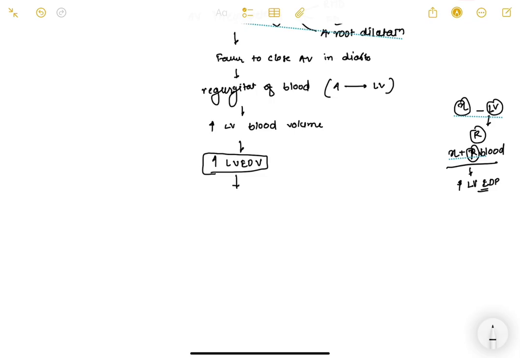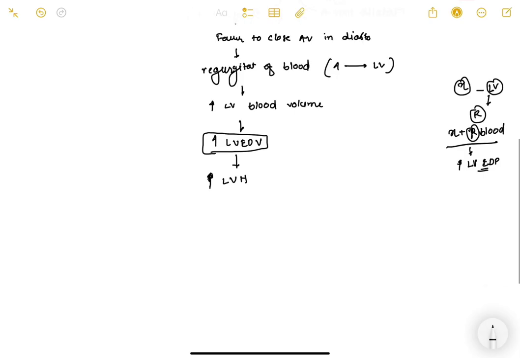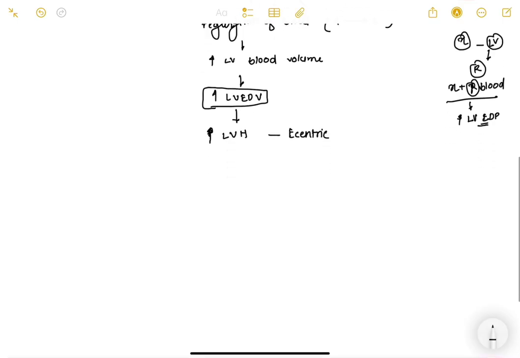So to pump this blood, there is left ventricular hypertrophy. Since there is more blood than expected, the left ventricle has to put in more effort to pump that blood into the aorta. So there is left ventricular hypertrophy which is eccentric. What do you mean by eccentric?